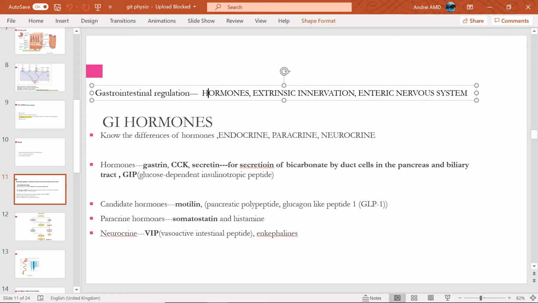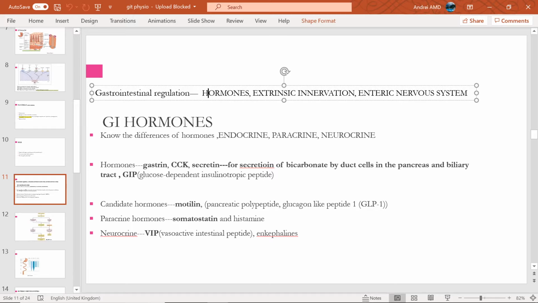So that's the regulation. Now we're going to talk about the hormones that are responsible. They love this in physiology. We have a lot of hormones: endocrine, paracrine, neurocrine. This is just a division by how they work.